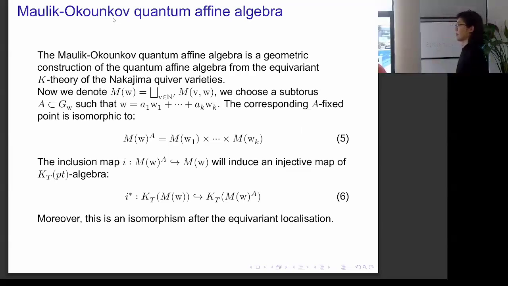The corresponding A-fixed point locus is isomorphic to the product of the quiver varieties of the smaller dimension vectors. Using this inclusion map, we introduce an injective map on the K_T-theory. Moreover, this is an isomorphism after equivariant localization, and this is a standard result, as in the equivariant cohomology case.